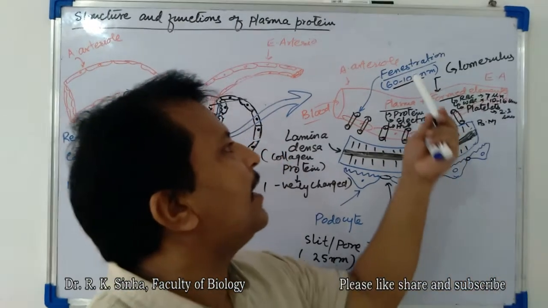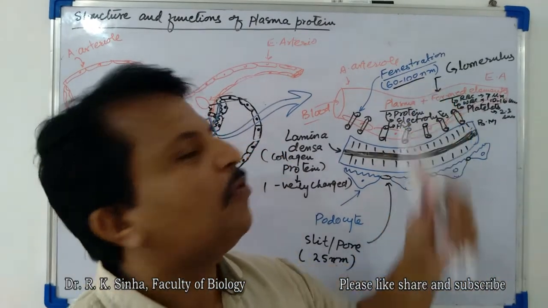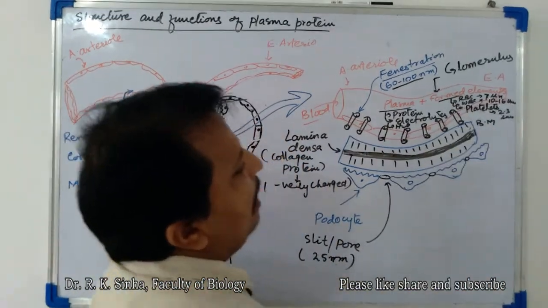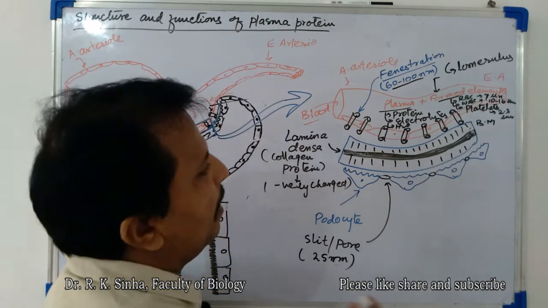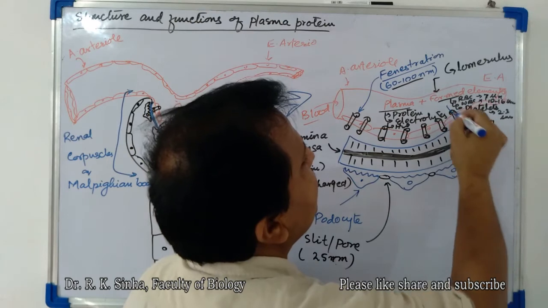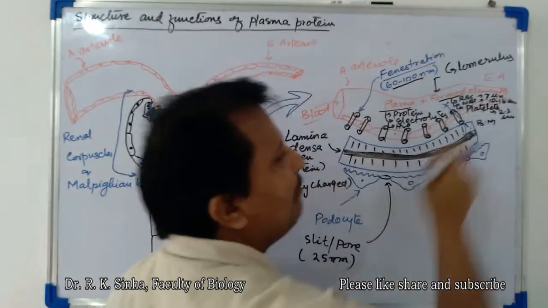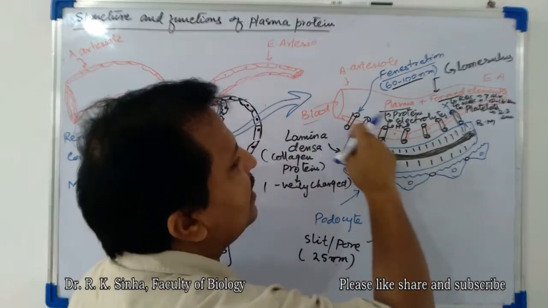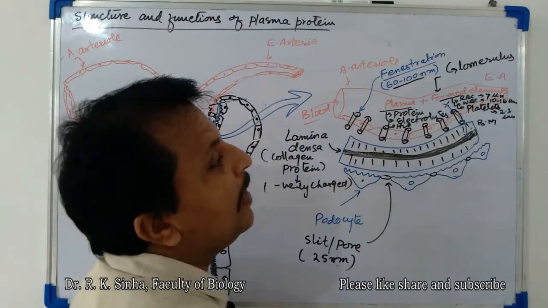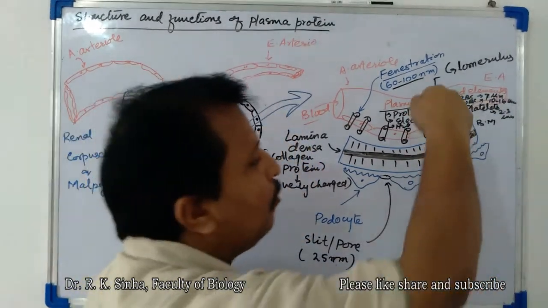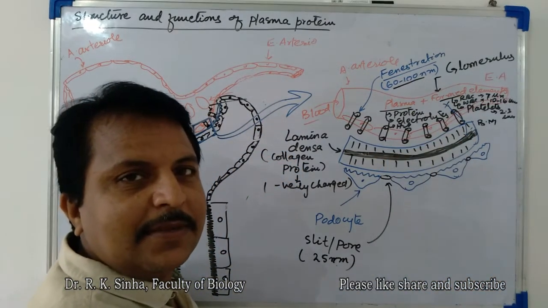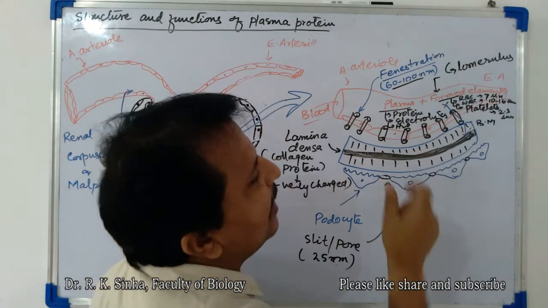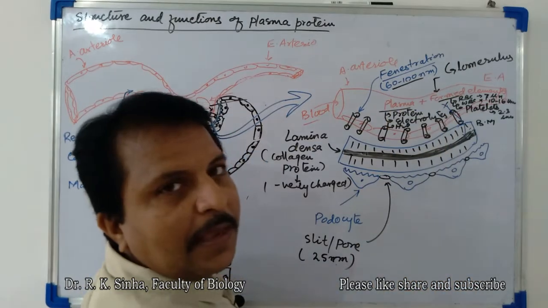All are in micrometers, whereas the fenestration size is 60 to 100 nanometers. It means these formed elements, these blood cells, cannot pass through the fenestrations or cross this membrane. So the fenestration depends on the size of the particles present in blood plasma.